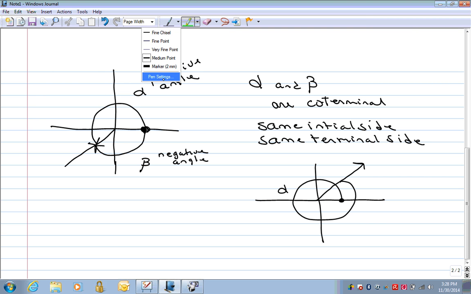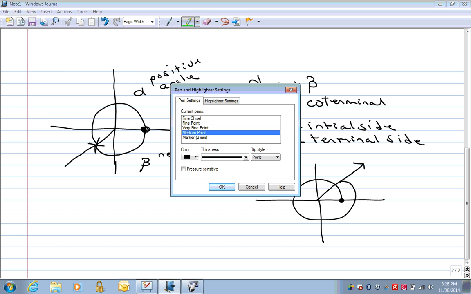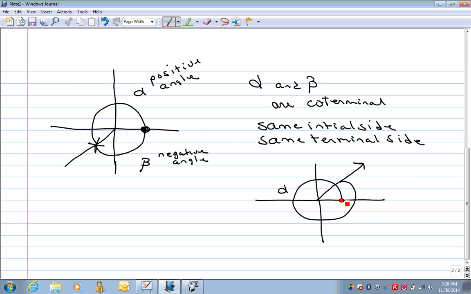All right, so if I start at the same spot, but I rotate in the opposite direction, it would be a negative angle, and we're going to call the red angle beta. Then alpha and beta are also coterminal, because they both start at the same place and end at the same terminal point. It has to be the same terminal point to be coterminal.